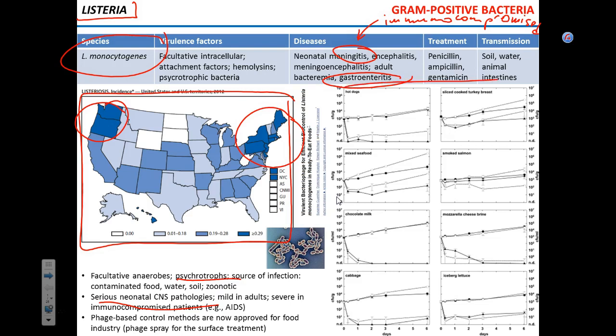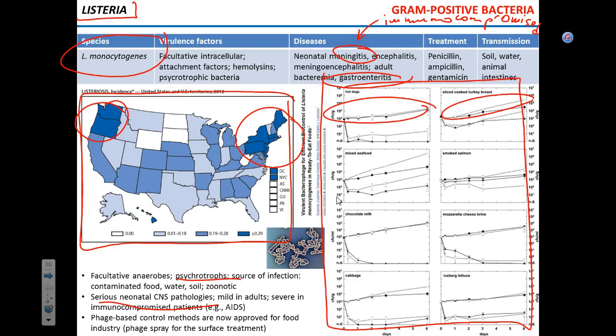So these graphs show you the survival of Listeria with and without use of the phage. The top lines represent the growth curve for survival of Listeria in the food without phage treatment, and the bottom lines, like these ones, with the phage treatment.